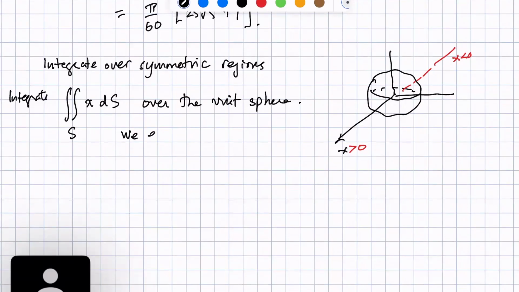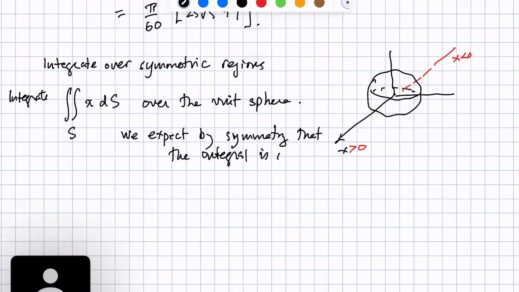We expect by symmetry that the integral is 0. So let's just remember our parametrization. x is equal to cosine theta sine phi, and dS is equal to sine phi d phi.